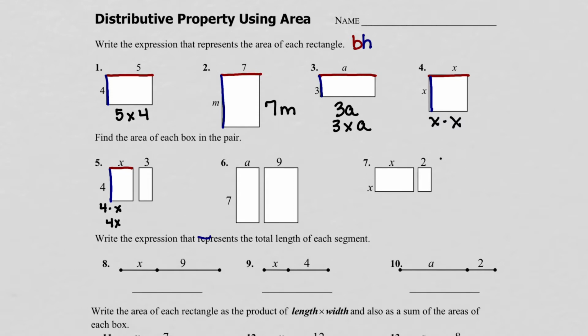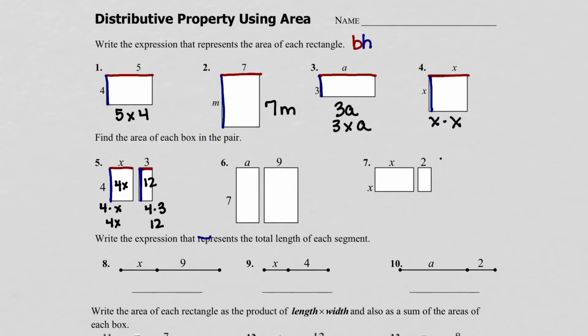And then my second box, well, my base is only 3 wide, and then my height, how high do I know it is? Well, it's the same height as the one next to it, we can tell. So that is going to be 4 times 3. What is 4 times 3? Well, that's 12. So here I've got 4x, and here I've got 12.